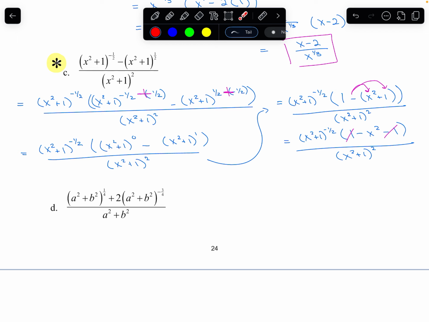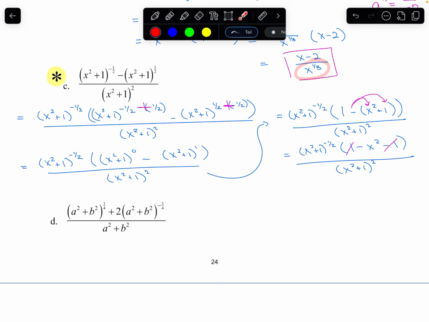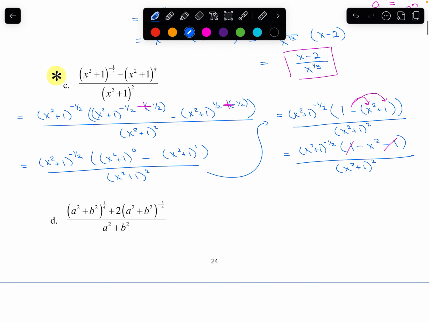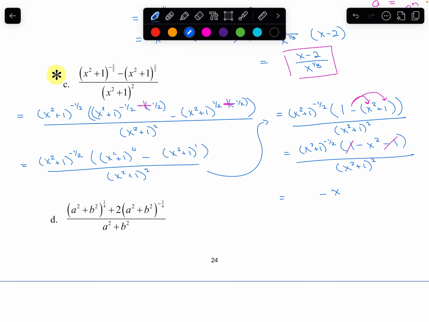I also need to make sure all my powers are positive. So this one here, I have to change to be positive. Just like in the previous one, it ends up being in the denominator if it's a negative power. So we can drop this into the denominator since there is one already there. I get negative x squared on the top, all over x squared plus 1 to the 1/2. Notice that this factor drops down into the denominator and changes the sign to positive.